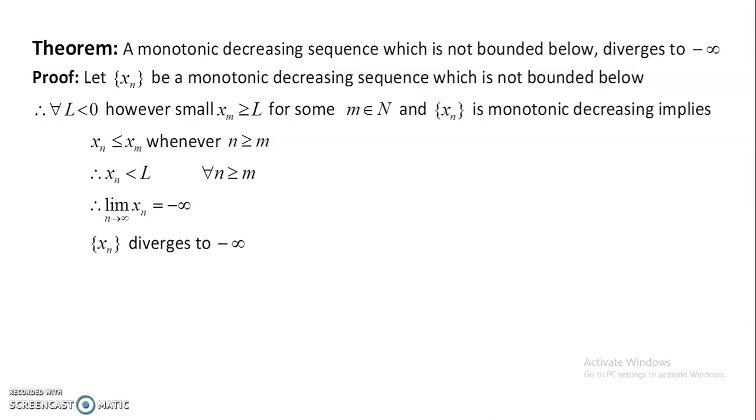Therefore the limit of xn, since L is very small, goes to minus infinity. So the sequence xn diverges to minus infinity. That means a monotonic sequence which is not bounded below diverges to minus infinity.